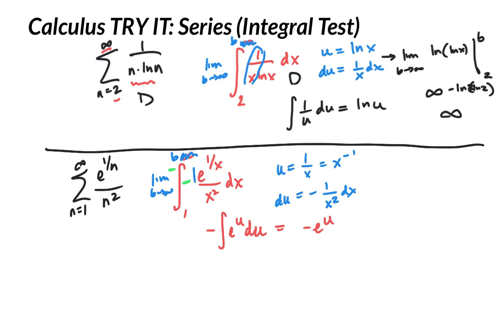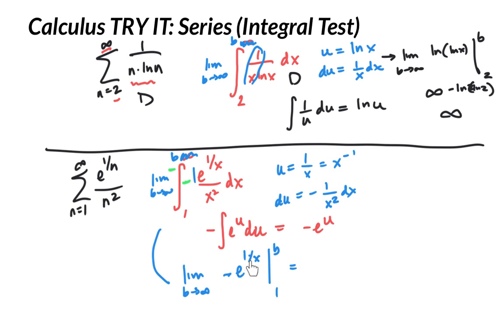So going back here, this integral, limit as b goes to infinity, becomes negative e to the 1 over x evaluated at b and 1. Well, if you plug in infinity, you have 1 over infinity, this is 0.